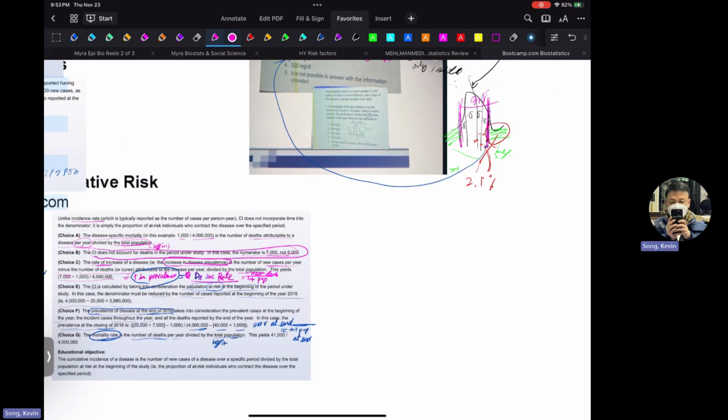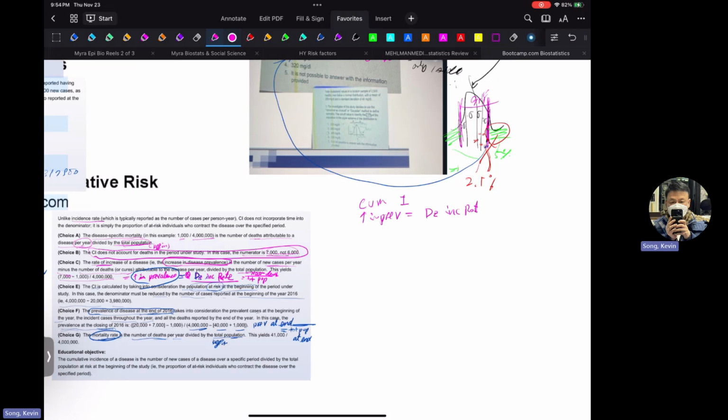Okay. So basically, cumulative incidence, and then the increase in prevalence, same as the disease increase rate, and what else?